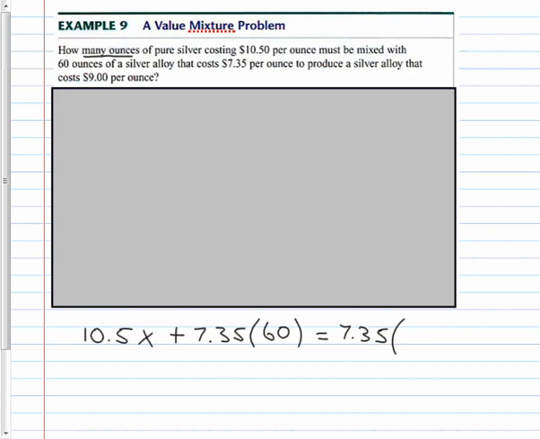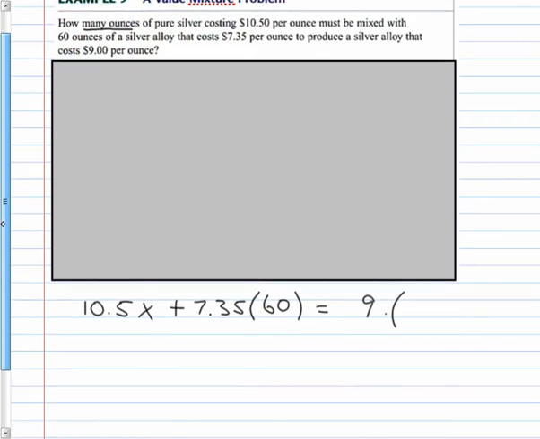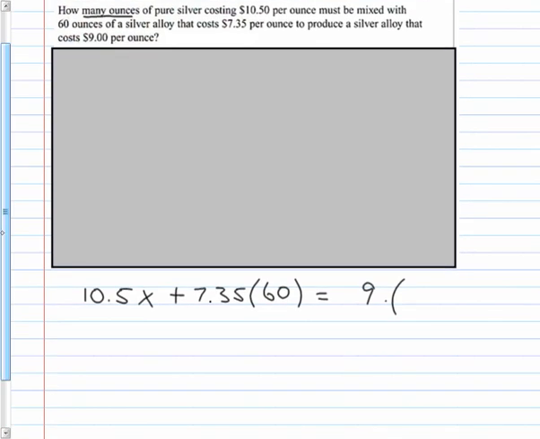And how much do I have when I'm done? X plus 60. I have x amount of this, I have 60 ounces of this, so when I add them together, I have x plus 60 ounces when I'm done.